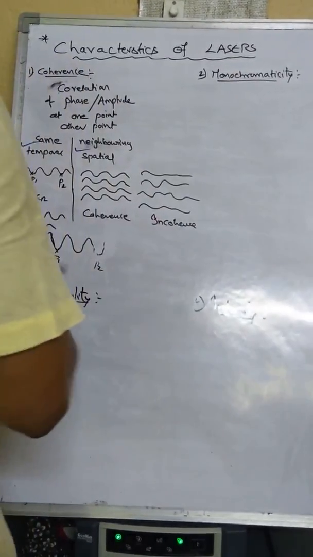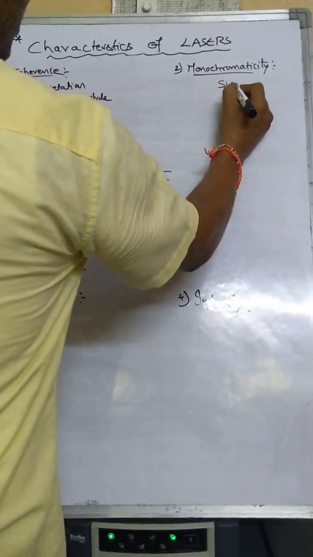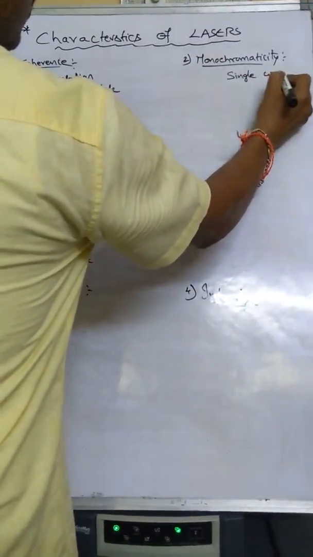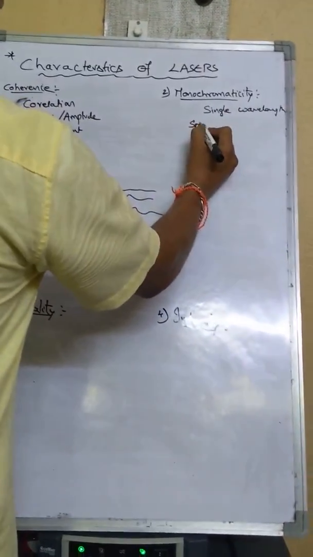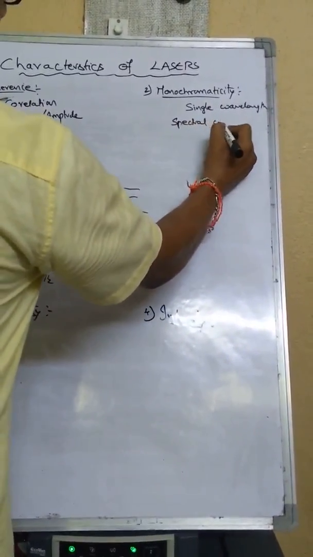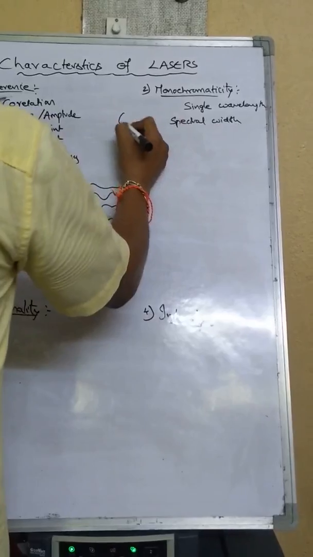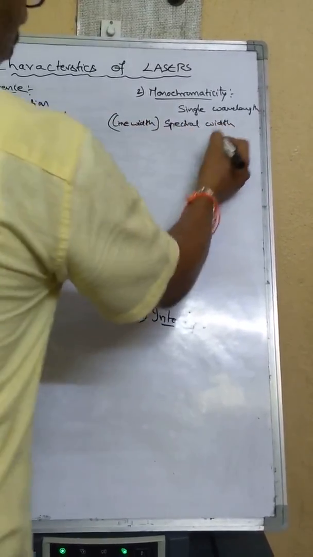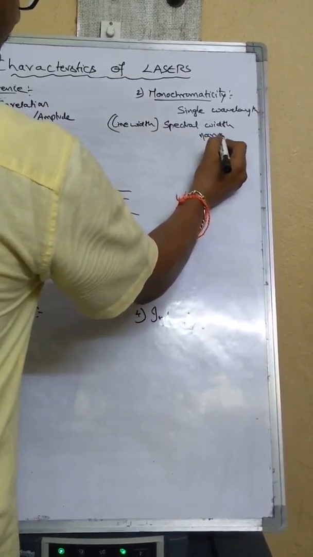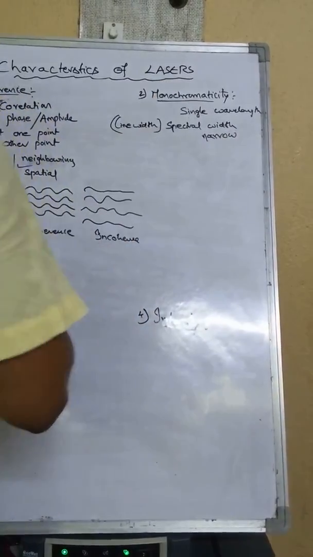Coming to monochromaticity, it is nothing but a single wavelength, where the spreading, or spectral width, also called the line width, is very narrow. The line width is very narrow for the laser light.